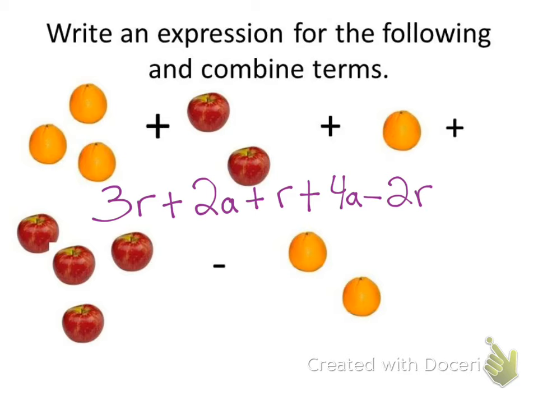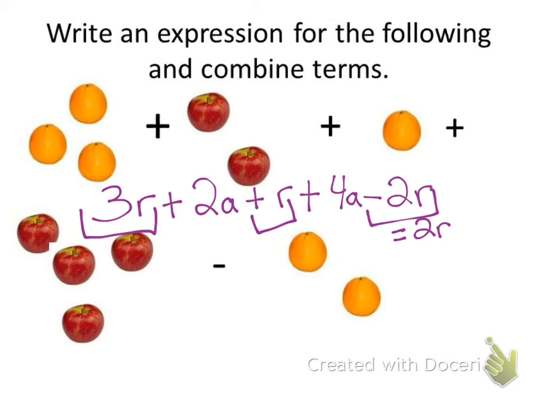So what's 4 minus 2? So I have 2 what? Oranges, or 2R. Do I make that 2R squared, or since I subtracted, do I take the R's away? What do you think? No, they're still oranges, okay? I had 3, I added another one, I had 4, I subtracted 2, now I have 2.